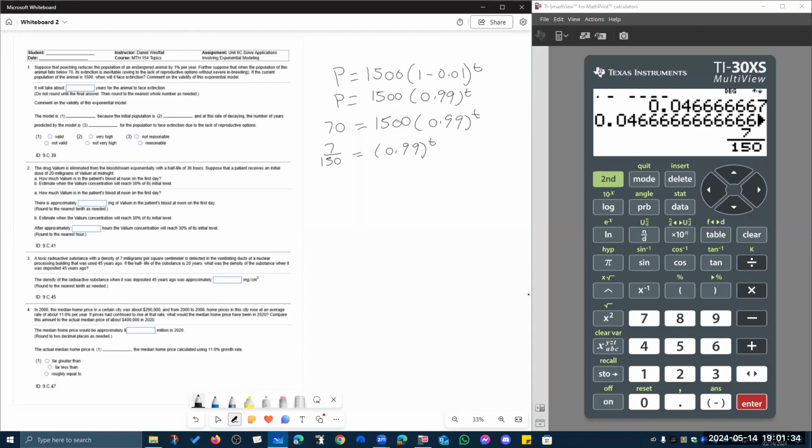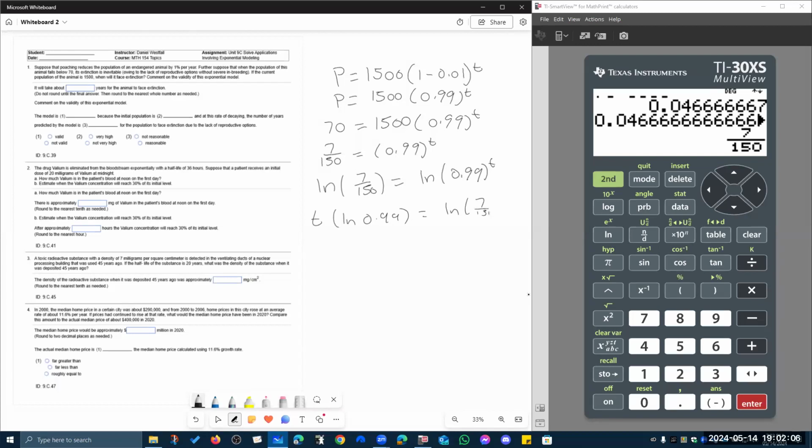And we can choose any type of log that we want to. Let's use ln. So ln of 7 over 150 is equal to ln of 0.99 to the t. So switch sides here. t times ln of 0.99 is equal to ln of 7 over 150.